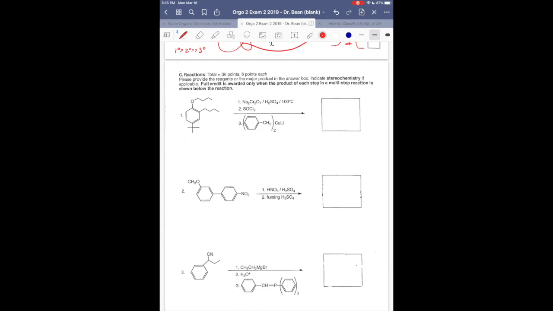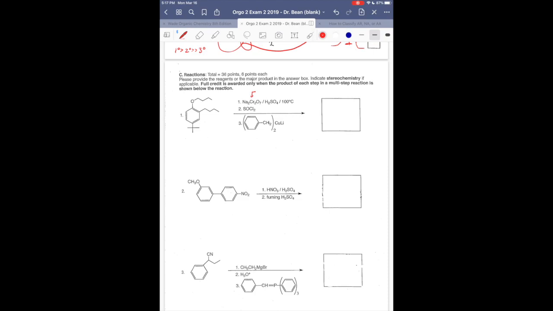Okay, so let's get started with the first one. What we see is sodium dichromate, H2SO4, and high heat. You guys have seen sodium dichromate before when it came in Orgo 1 as an oxidizing reagent, and you're also responsible for it for the first exam of Orgo 2.